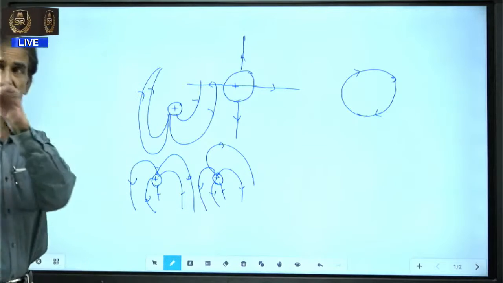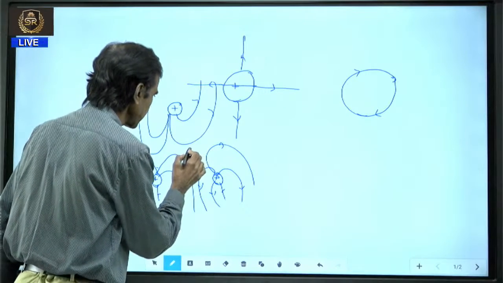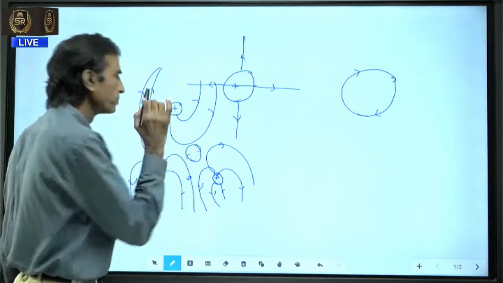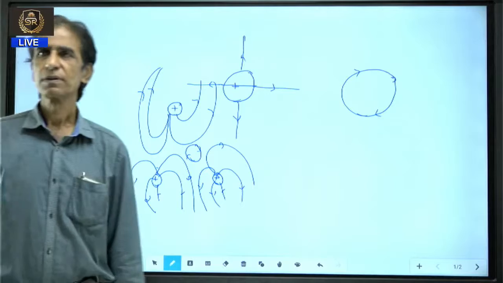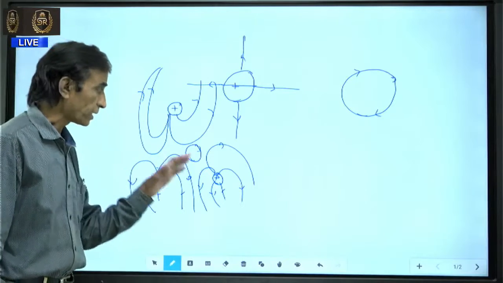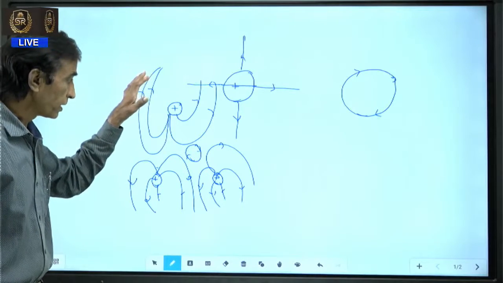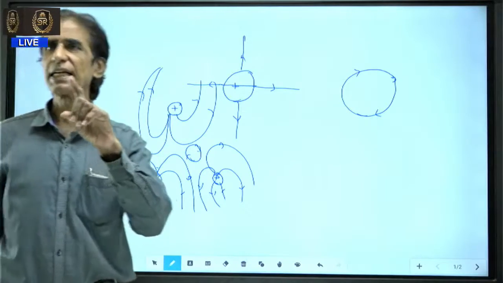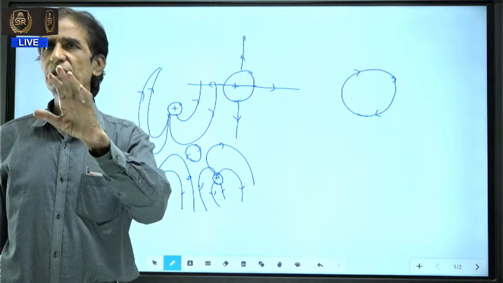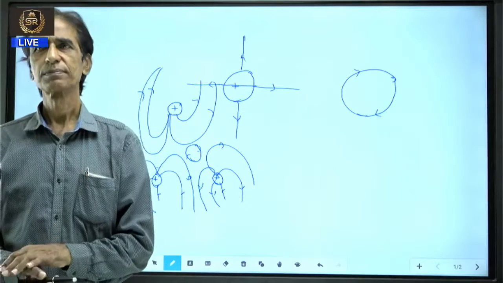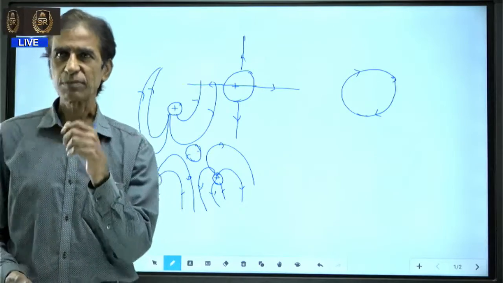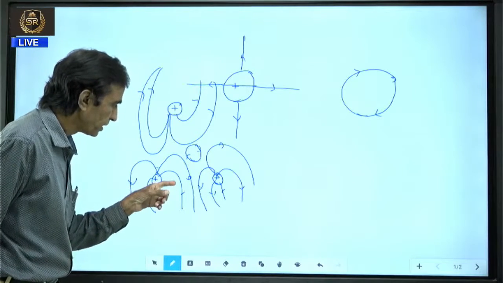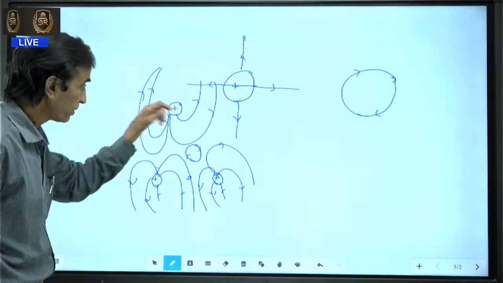But in one of the diagrams, he has put a circle in the center like this. This cannot be the field line diagram, because electric field lines do not form closed loops. And in one of the diagrams, he has shown the field away from two charges, but toward one of the charges.